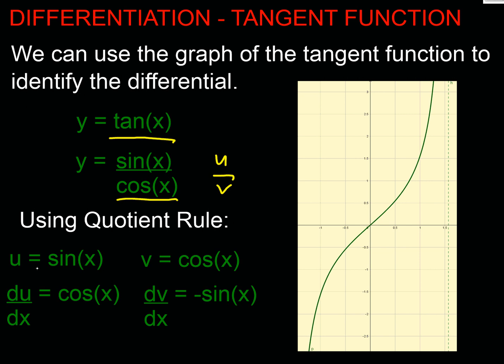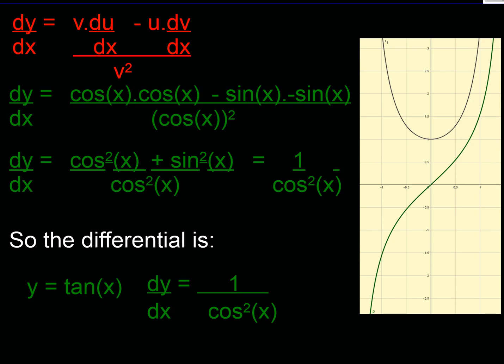So if u equals the sine of x, then the differential du by dx is cos x, and if v is the cos of x, then dv by dx is minus sine of x. And if we put that into the standard formula here, then we'll get dy by dx is v times du by dx, which is cos of x times cos of x, minus the sine of x times dv by dx, which is minus sine of x.